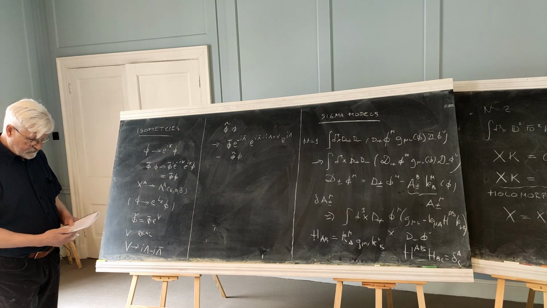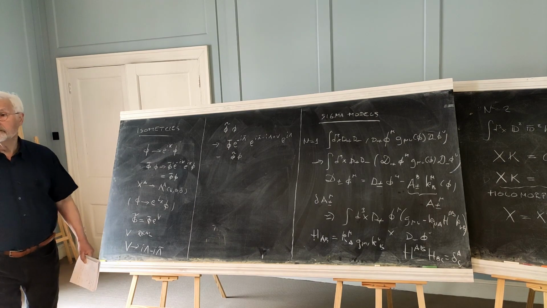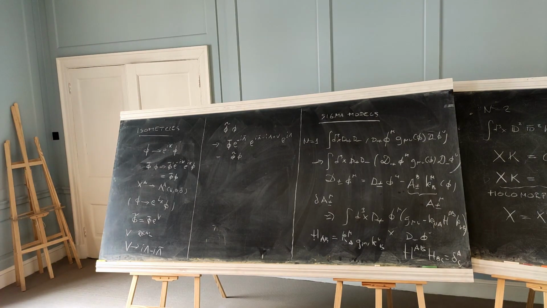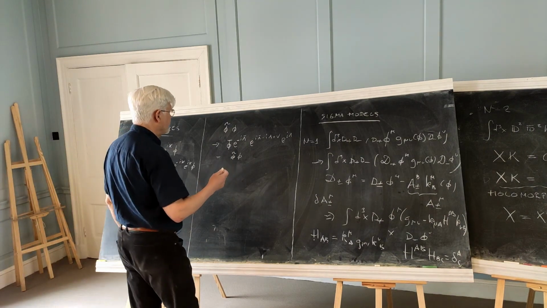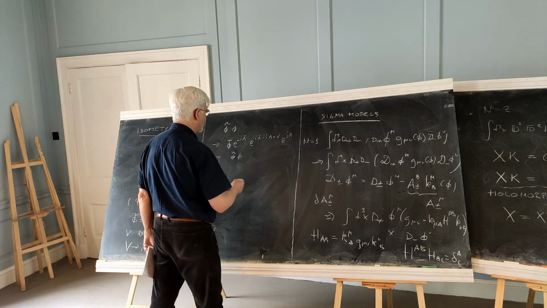Okay, so what happens when these lambdas are matrices? Does that automatically cancel out? I mean, to leading order it does. But maybe I should have written it with the Baker-Campbell-Hausdorff in mind.